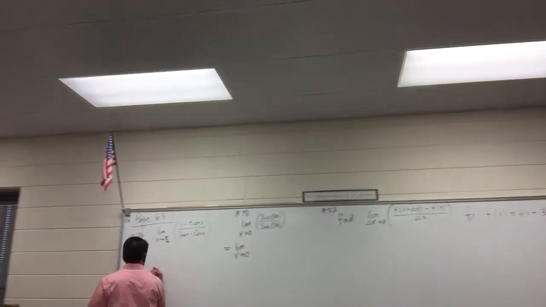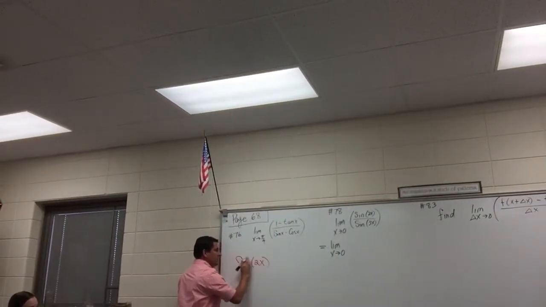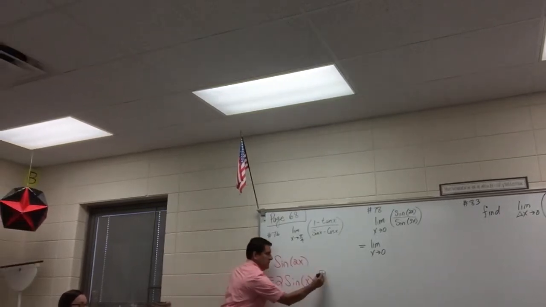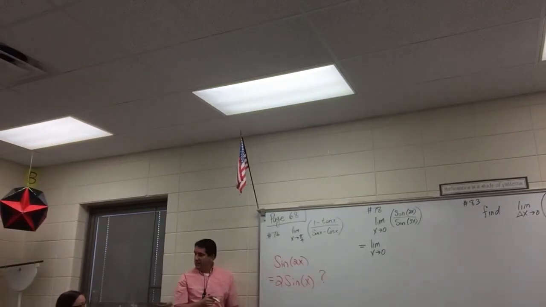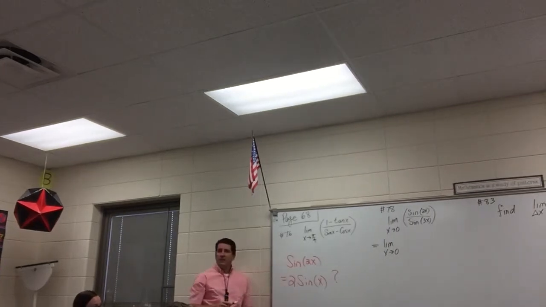If I have the sine of 2x, is that the same as 2 sine of x? Is that legal? Because I've seen people do that, so it must be true. Is this the same as this?